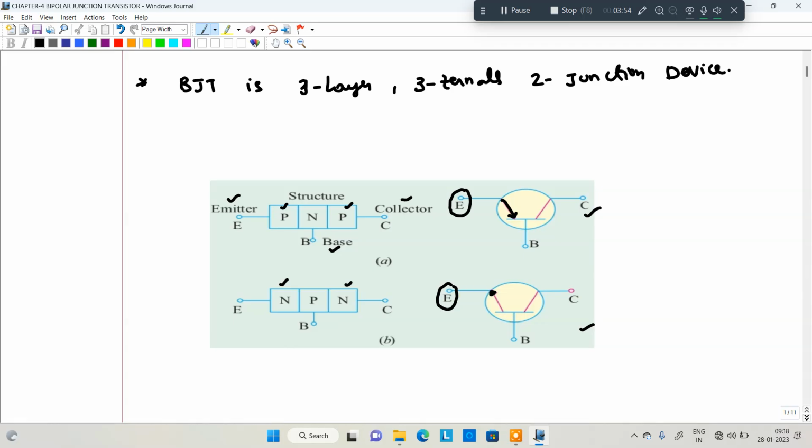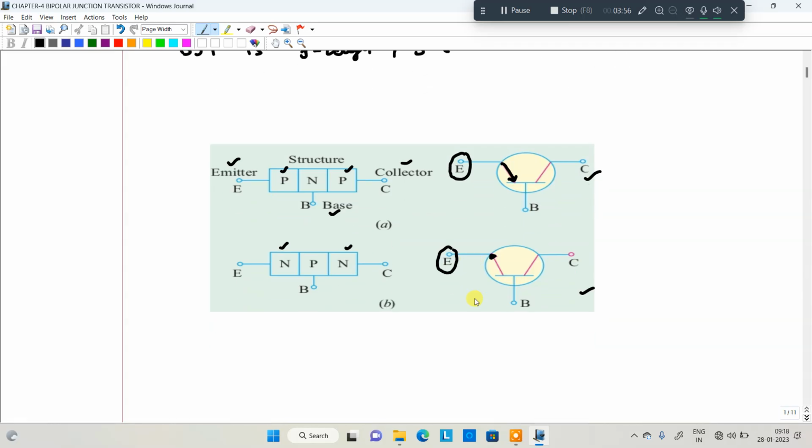That is the indication of this arrow. The arrow represents the conventional current, which is the opposite flow of electrons. So the conventional current is in the arrow direction.